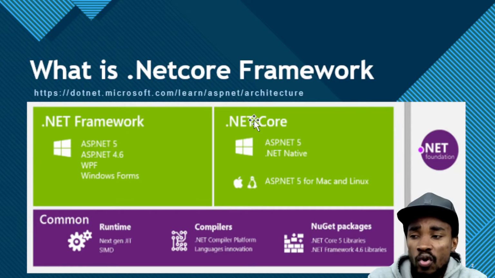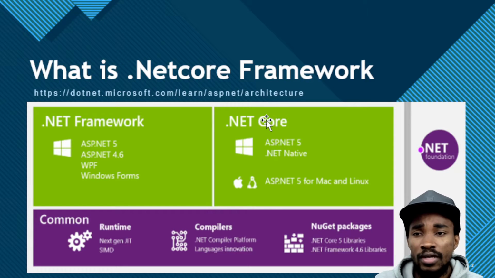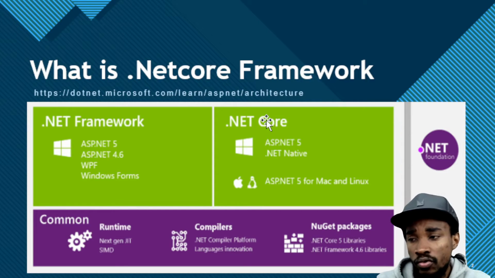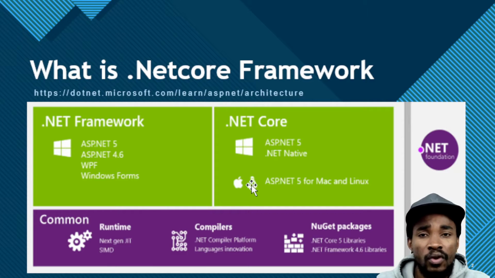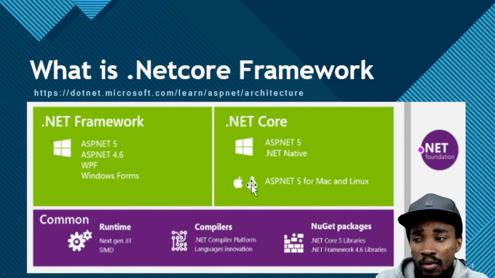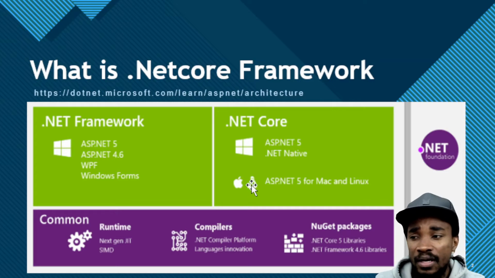But .NET Core is cross-platform. It enables you to write your code and deploy it onto a Mac or Linux, or even Windows, or even a mobile app if you want to.